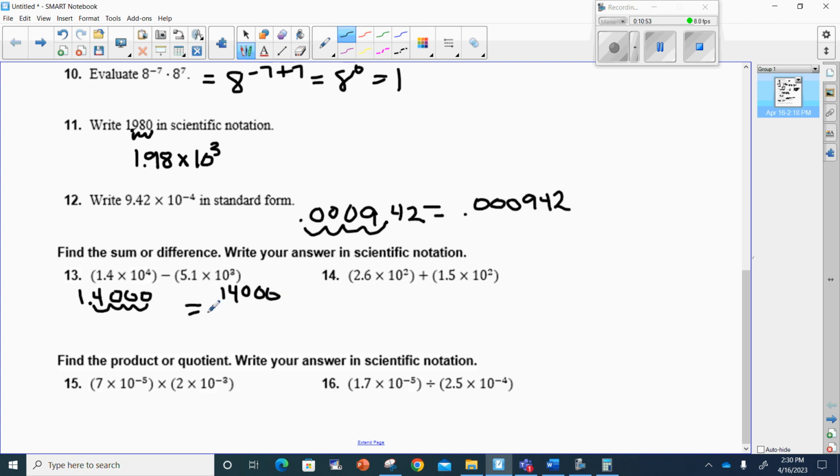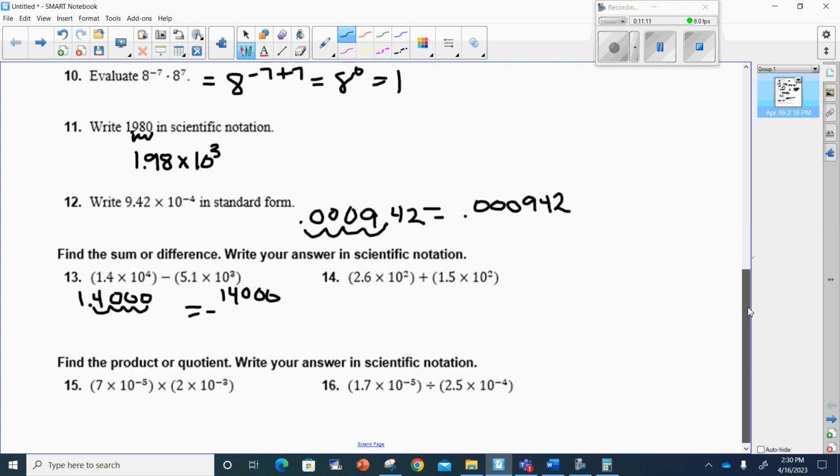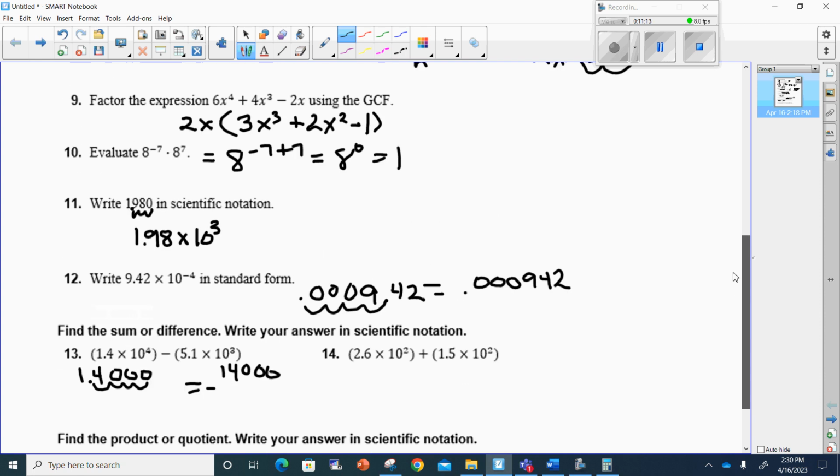And remember, I'm subtracting here. This is 5.1 times 10 to the, looks like to the, I want to say the second power, but that could be the third. Might have to make this even bigger. Something that does look like a 3 to me. Yeah, that definitely looks like a 3 to me.